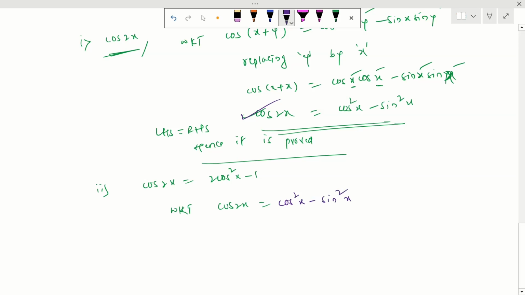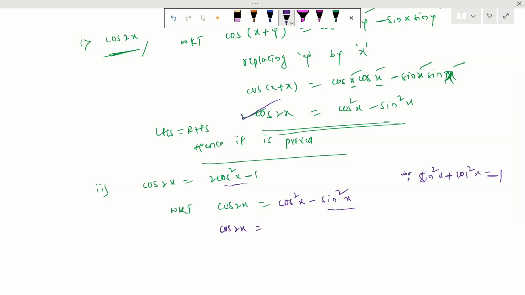Then cos 2x is equal to, I'm writing, here we need to prove this, so this sin term we have to express in terms of cos. We know that sin square x plus cos square x is 1. The formula is 1.